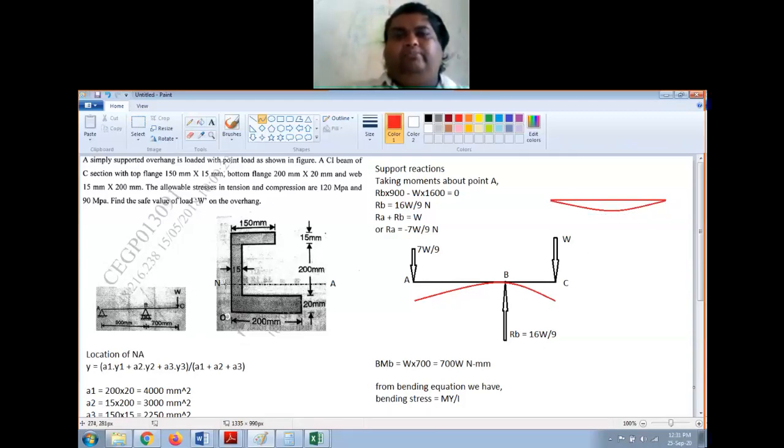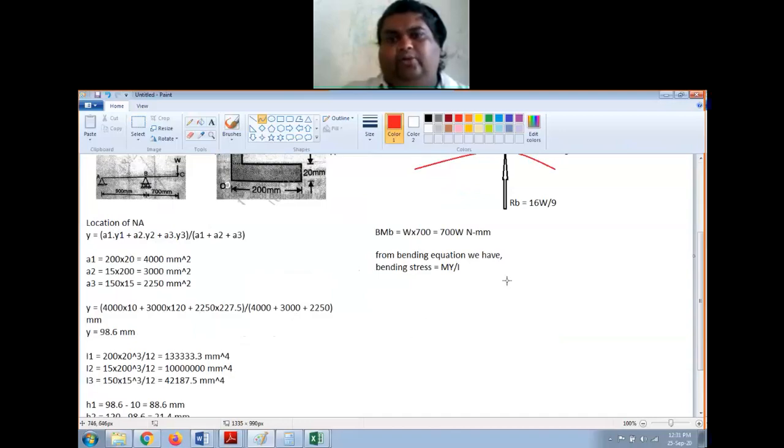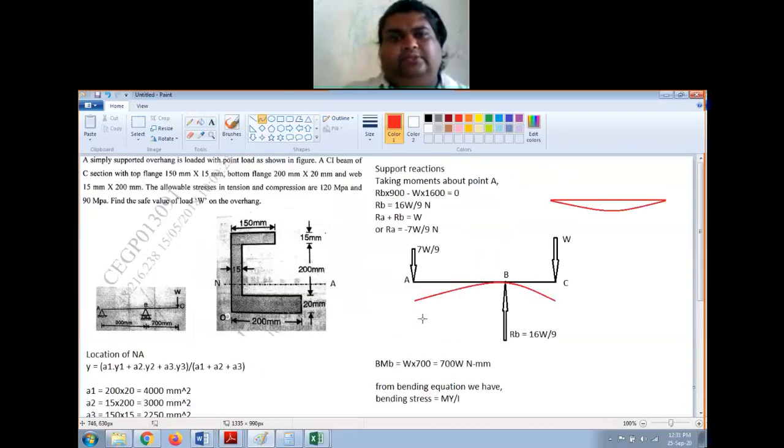So the upper fibers are subjected to tension and lower fibers are subjected to compression. Now I have to find W based on the permissible compressive stress and permissible tensile stress.